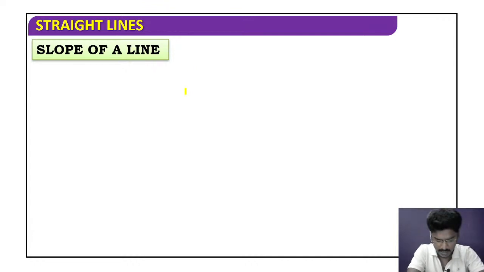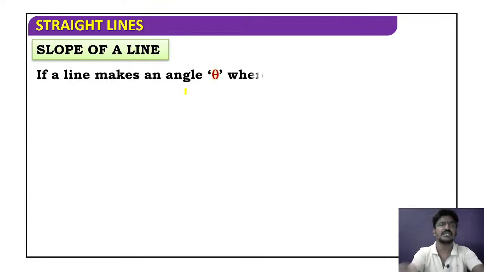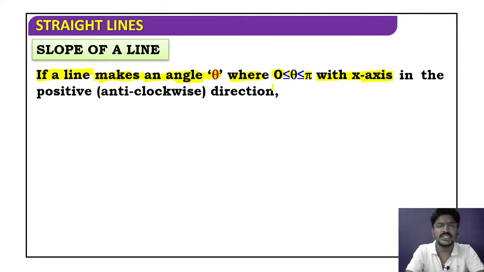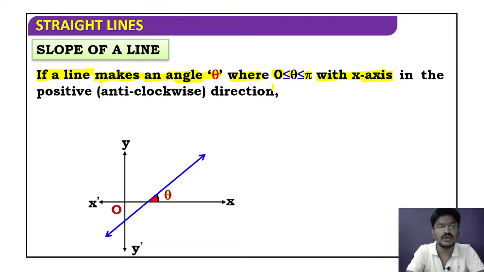And here we can just see a line making an angle theta. If a line makes an angle theta, where theta is greater than 0 and less than or equal to pi, with the x-axis in the positive direction, like this.